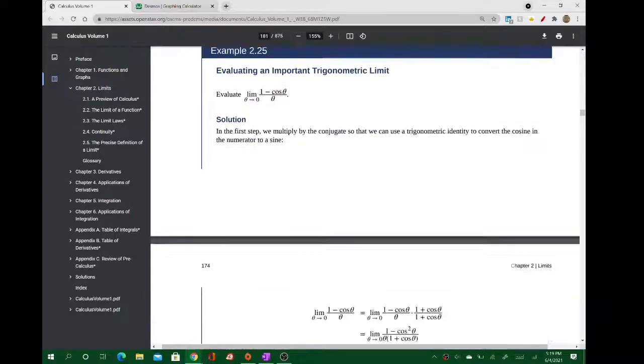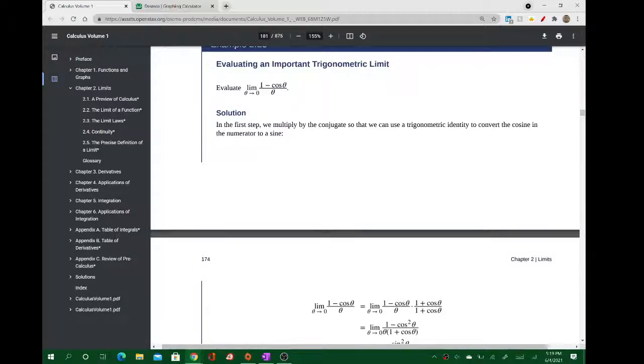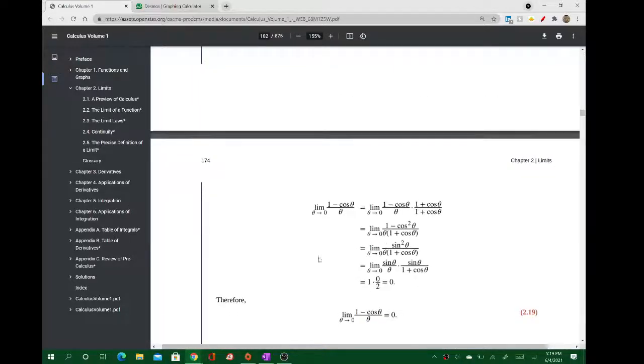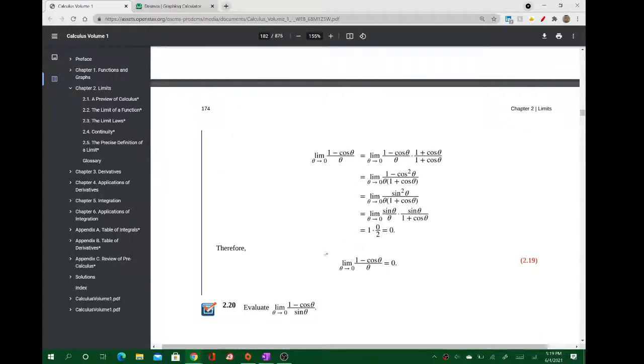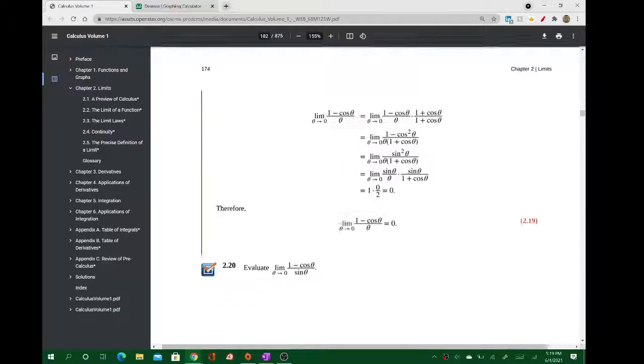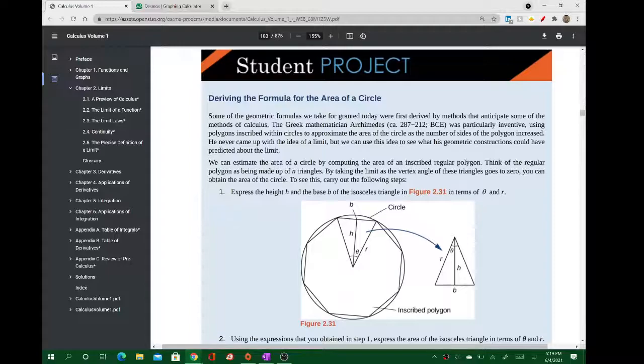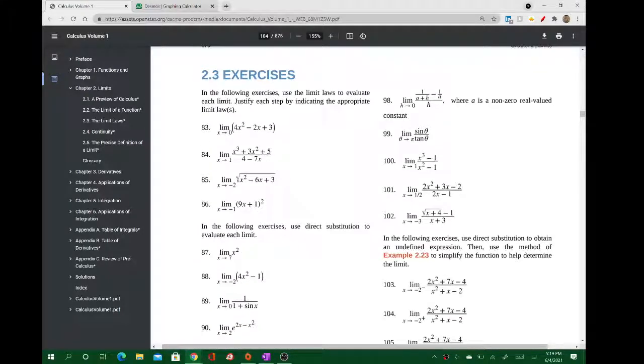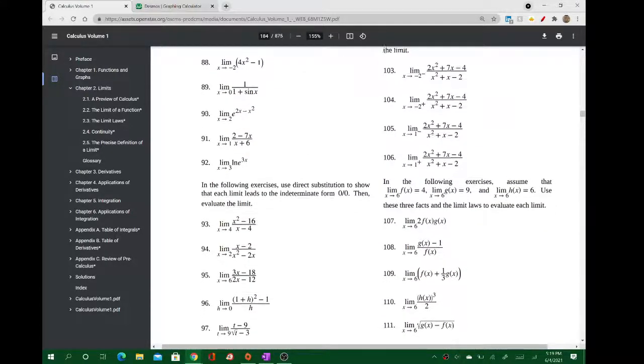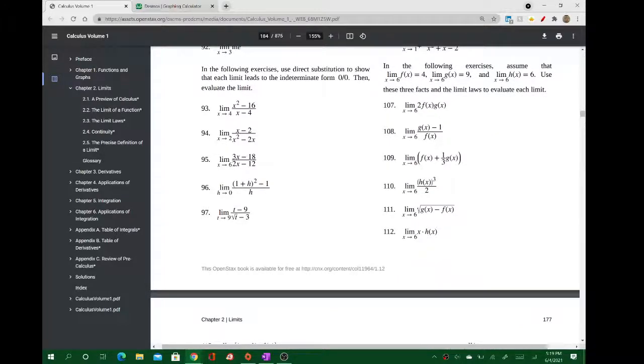The limit as theta approaches 0 of 1 minus cosine theta over theta equals 0. And also the limit as x approaches 0 of sine of x over x is equal to 1.